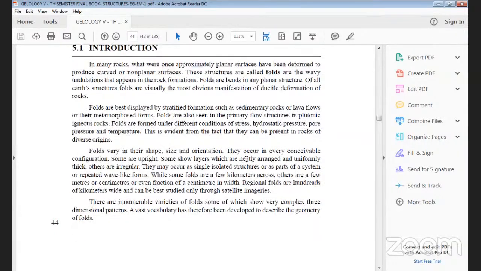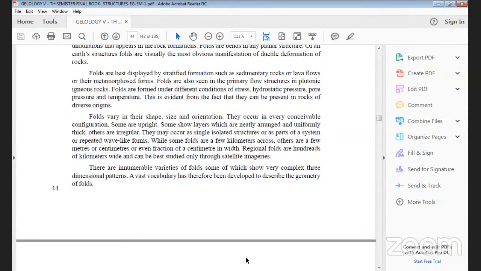Yes, we know folds vary in size, shape, and arrangement or orientation. They occur in every conceivable configuration. Some are upright and some are not.